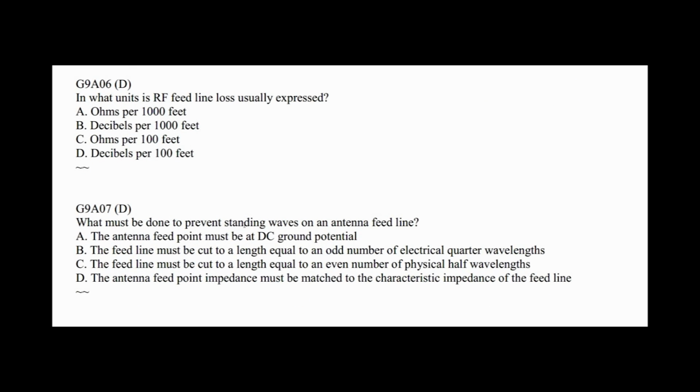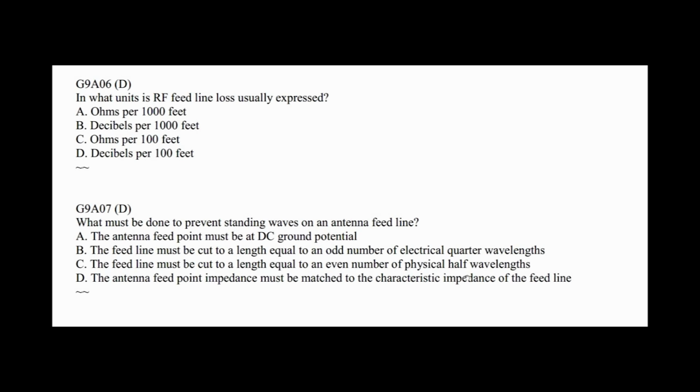G9A07. What must be done to prevent standing waves on an antenna feed line? Okay, so when they're talking about standing waves, they're talking about SWR. So what can be done to prevent, let's say, an SWR? The antenna feed point impedance must be matched to the characteristic impedance of the feed line.